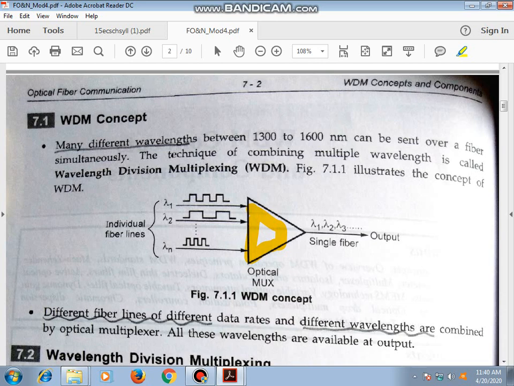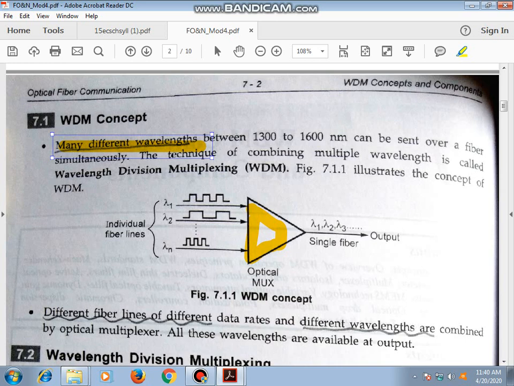We'll see what this WDM concept tells. Many different wavelengths between 1300 to 1600 nanometer can be sent over a fiber simultaneously. What range? 1300 to 1600 nanometer wavelength. These signals we are transmitting through a multiplexer. The technique of combining multiple wavelengths is called wavelength division multiplexing.